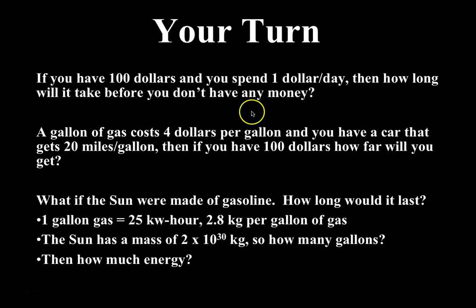you find out the mass of the sun, and if you assume that all that mass is gasoline and you consumed it, not even considering that you need oxygen to consume it with, but assuming that all that was gasoline and you converted it, then you could ask the question, well, given the amount of power that we're receiving from the sun, how long would the sun last?